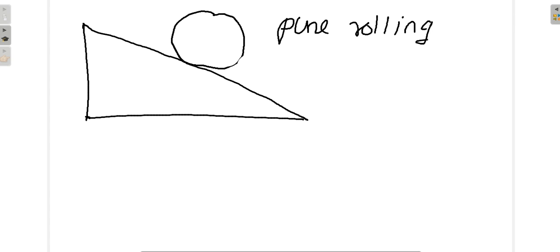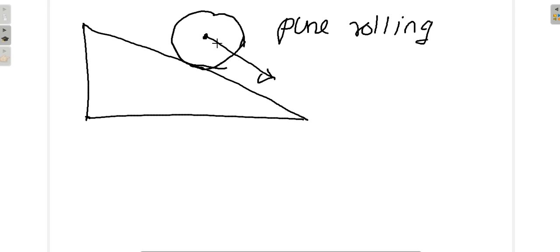In this case, the force of gravity continuously acts on this sphere as it travels down, and therefore the force of friction will not disappear even though the body is having a pure rolling motion. Please note that the force of friction will disappear in case of pure rolling only when there is no external force.